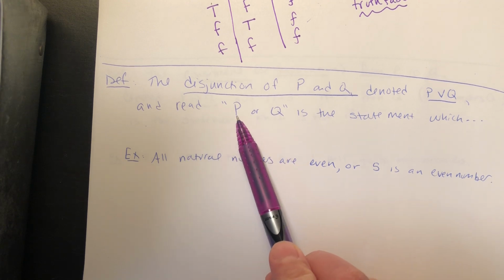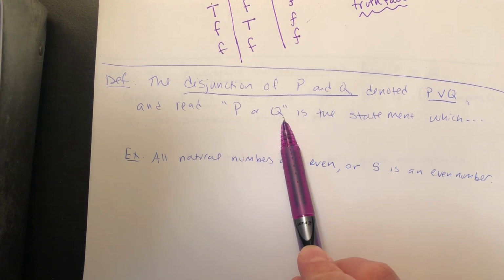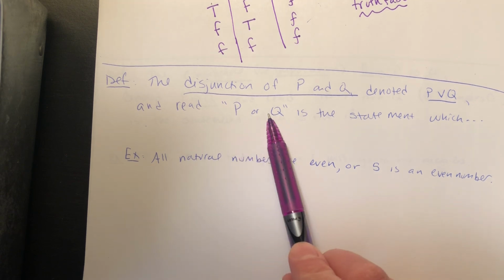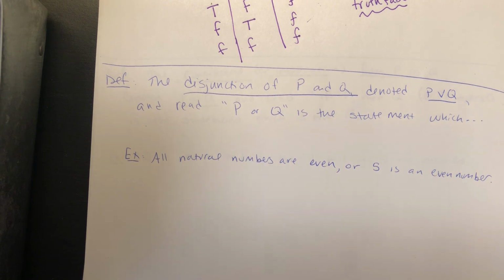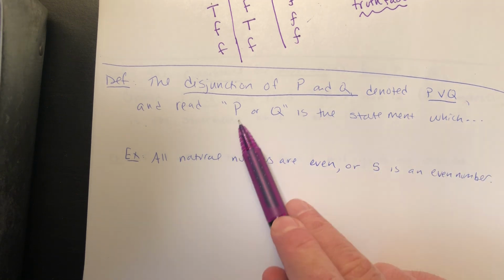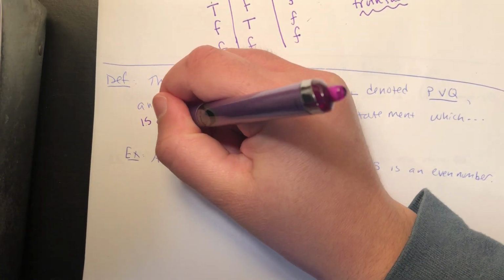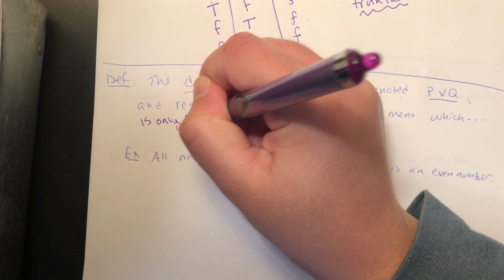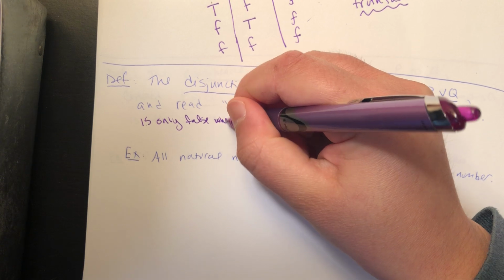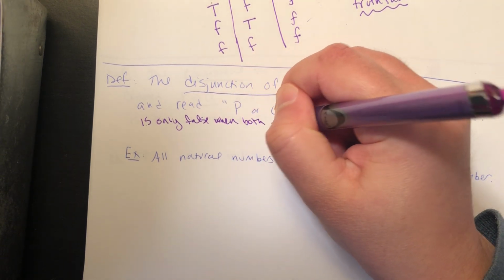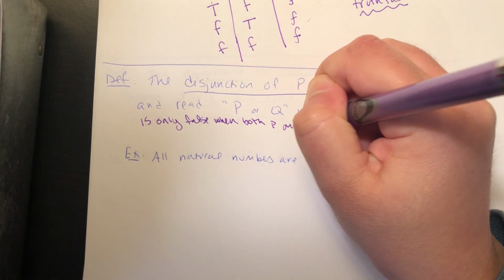Either P needs to be true or Q needs to be true, but it's going to be an inclusive or, which means if they're both true, then the whole statement is also still going to be true. So in particular, this is a statement which is only false when both P and Q are false.